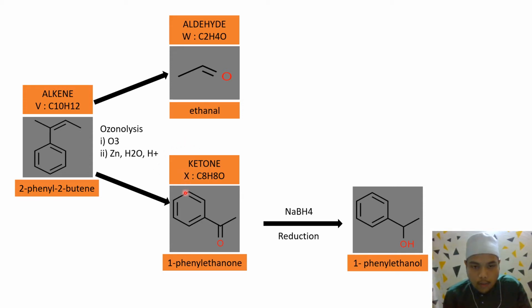We know from the question that compound X will produce 1-phenylethanol with a reduction, and we use NaBH4. So the name of compound W is ethanal, and the name of compound X is 1-phenylethanone.